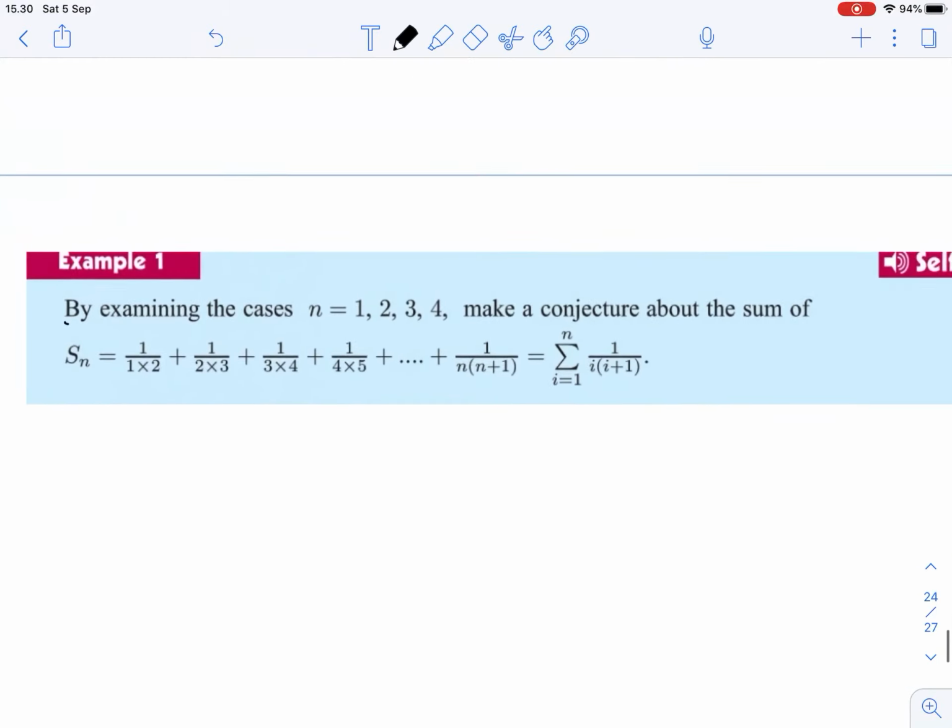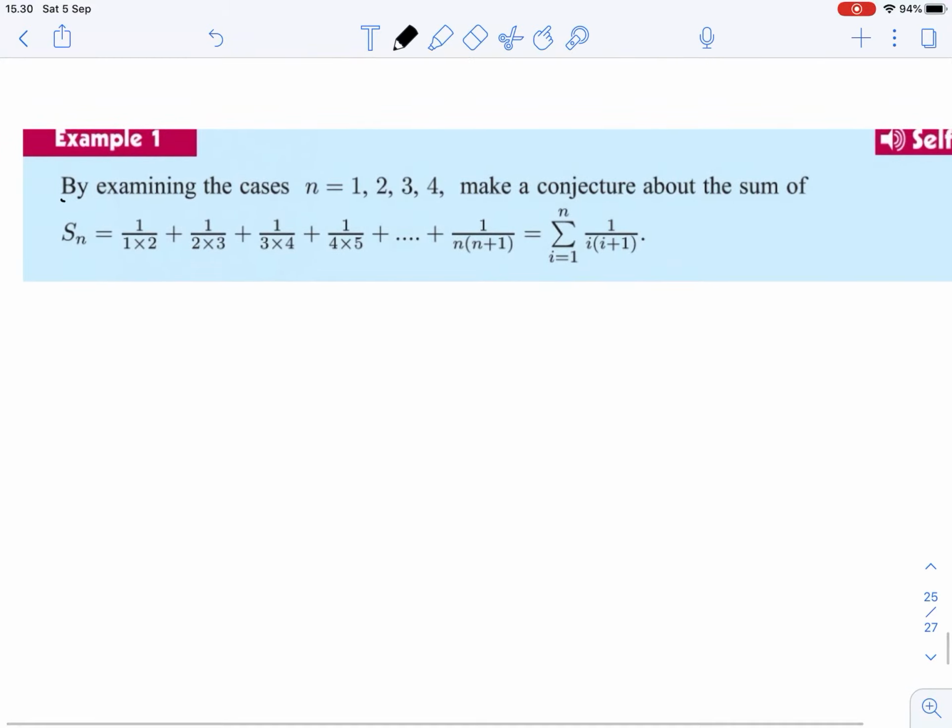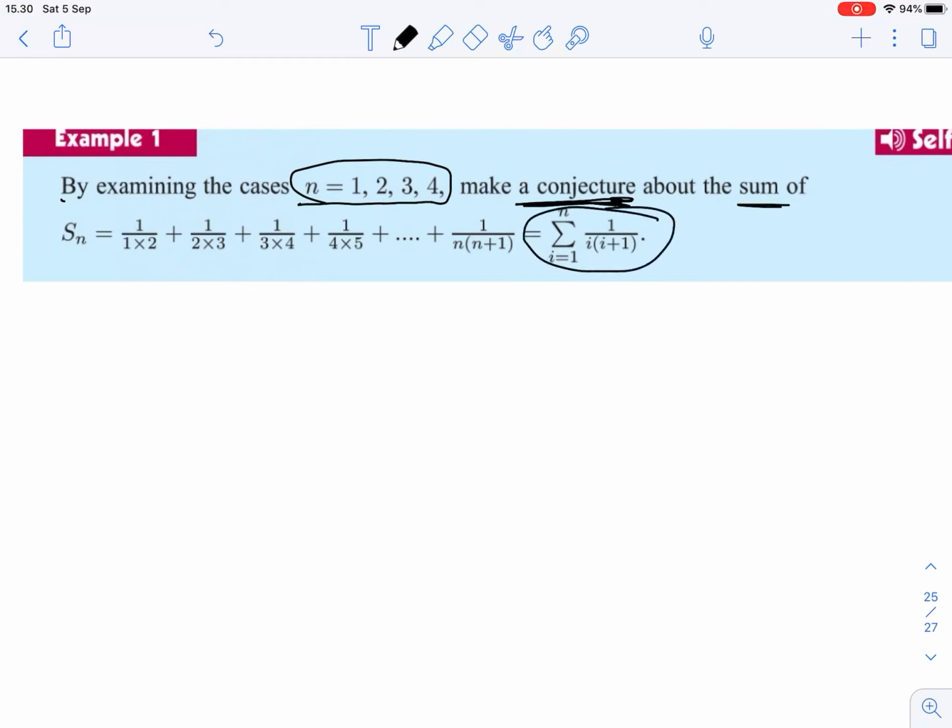So let's look at example number 1. Example number 1 says, by examining cases n equals 1, 2, 3, and 4, we want to make a conjecture or make a proposition or guess about what the sum of this sequence is.